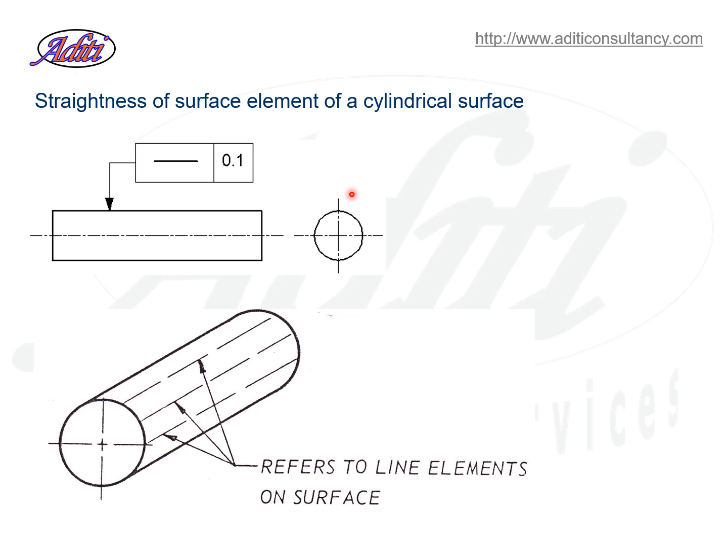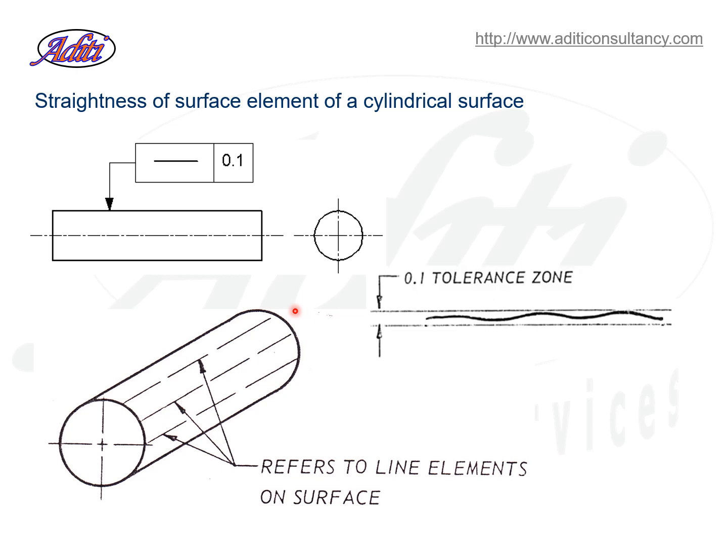Now if I take some points on a particular line, all those points should be on a straight line. If they are not on a straight line, if I enclose them between two parallel lines and measure the distance between those two lines, that error should not be more than 0.1 mm. In the best case it can be 0, in the worst case it is 0.1 mm.